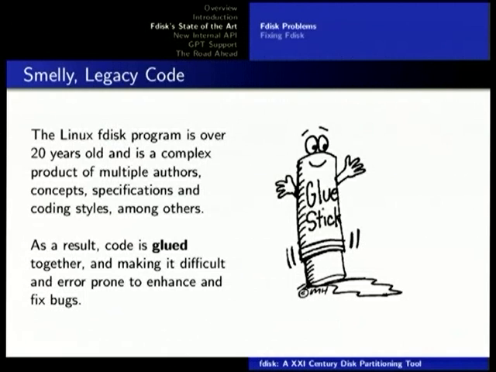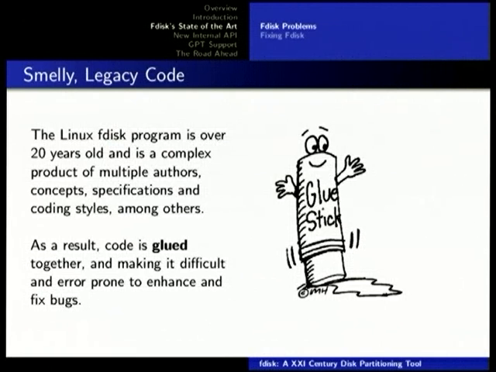The fdisk itself is around 20 years old, and over that time it's been subject to multiple hacks by different programmers with different ideas of what this utility should do and how it should behave. So we have a ton of different coding styles, even stack jumping, which we still had until a few months ago. All this is a result of code that's really glued together. And as you can imagine, it's difficult to understand, and when you hack it, it is very error prone because of the complexity of reading the code.